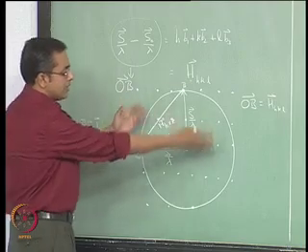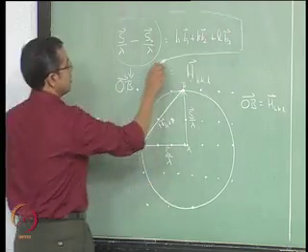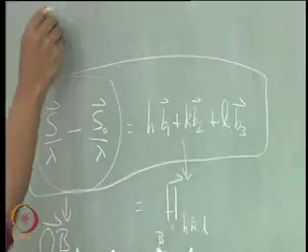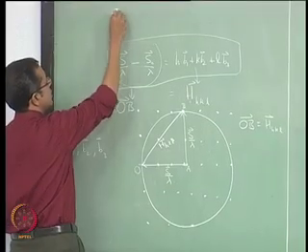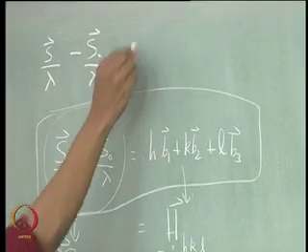So a circle touching any of these points satisfies this equation: s by lambda minus s naught by lambda equals HKL.